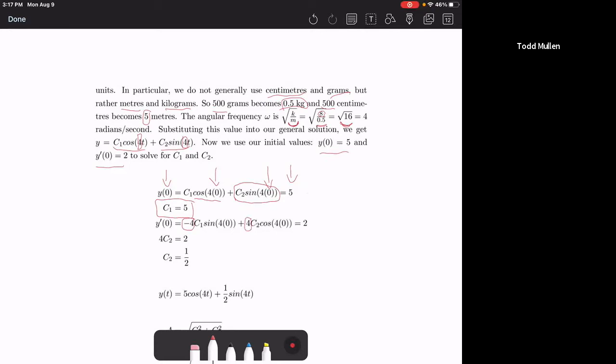Cos becomes negative sine, sine becomes positive cos. And then we plug in 0 again, but this time it's equal to 2 because we have that y prime of 0 is equal to 2. The sine falls apart because sine of 0 is 0, but we're left with this 4 c2 here. So 4 times c2 is equal to 2. That means c2 is equal to a half.